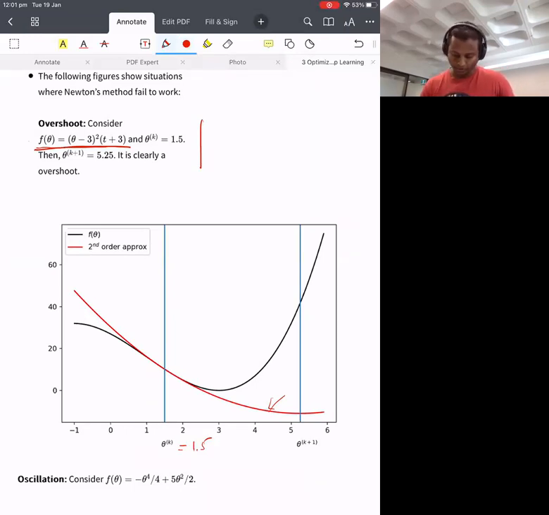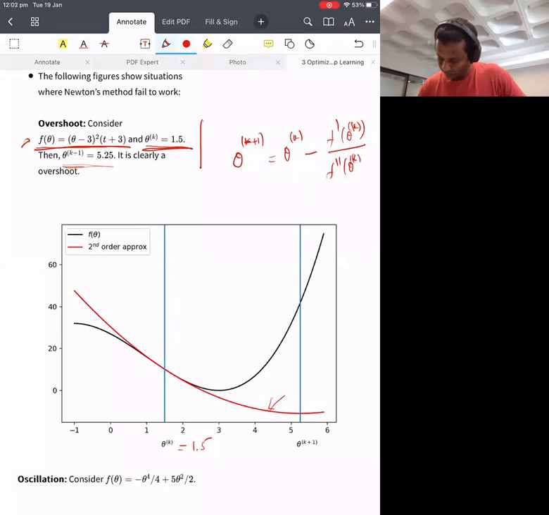You can compute the first order derivative and the second order derivative and expand about 1.5. Then you can find the minimum, that is theta k plus 1 is theta k minus the ratio of derivatives, and this is 1.5. Substituting 1.5, you get theta k plus 1 equal to 5.25.